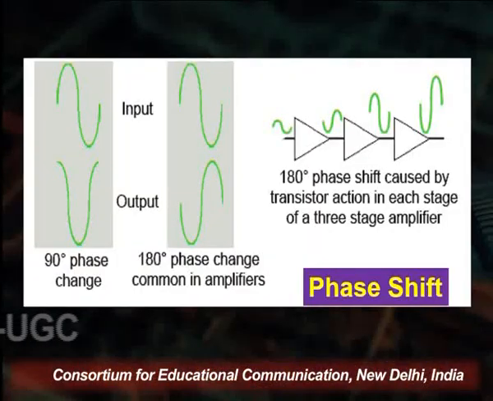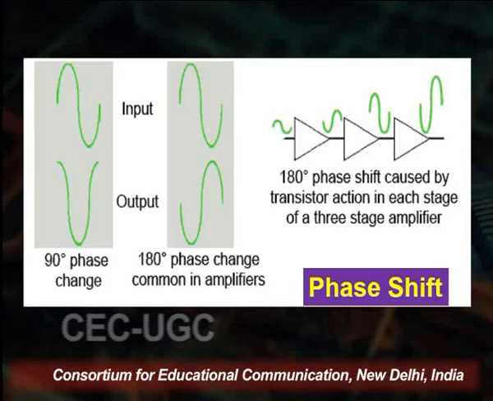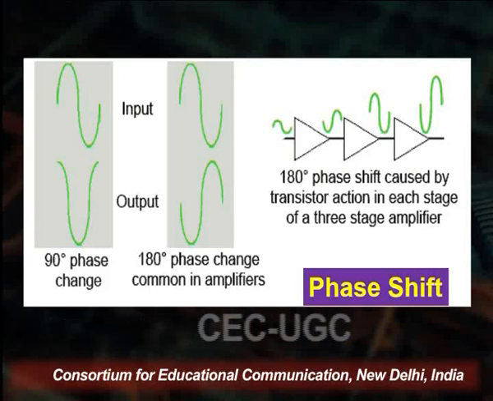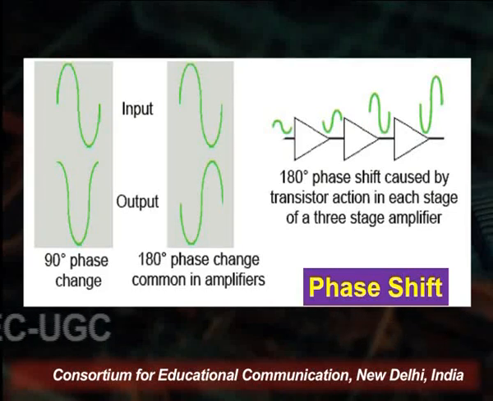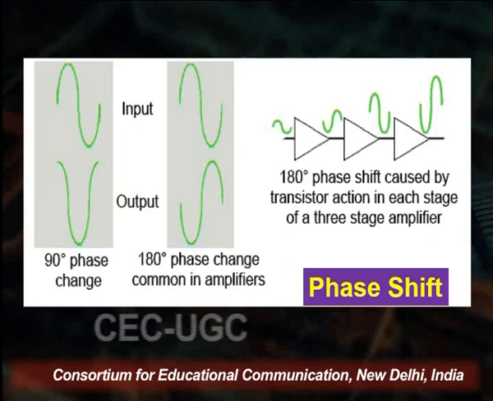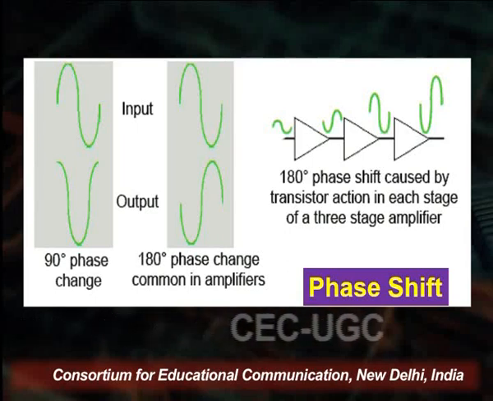Whether the phase shift in an amplifier is important depends upon the purpose of the amplifier. You see on the screen that this is the 90 degree phase shift on the left hand side, with input and output signal, and this is the 180 degree phase shift. You can see that it is anti-phase, meaning a 180 degree anti-phase signal change, which is common in amplifiers.